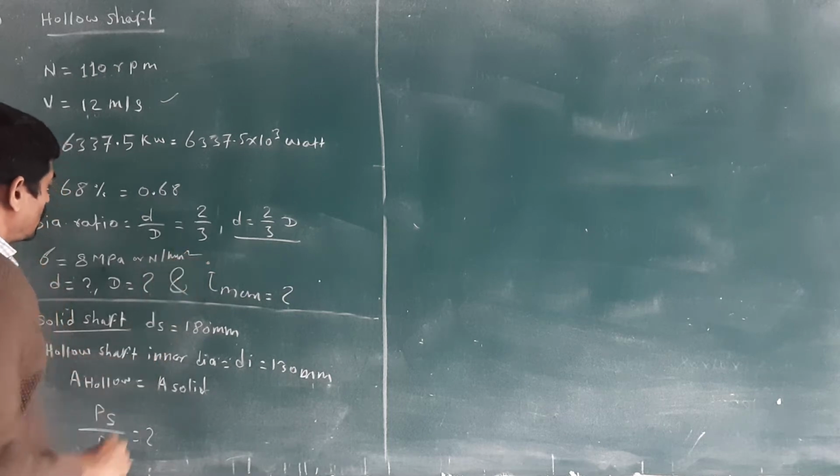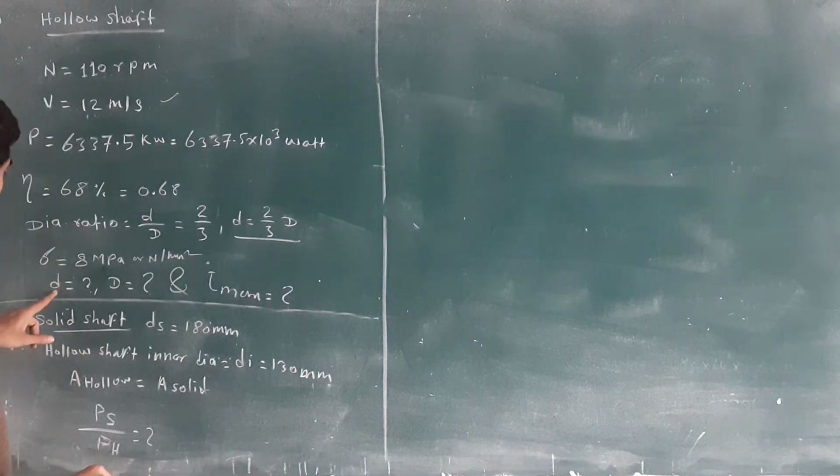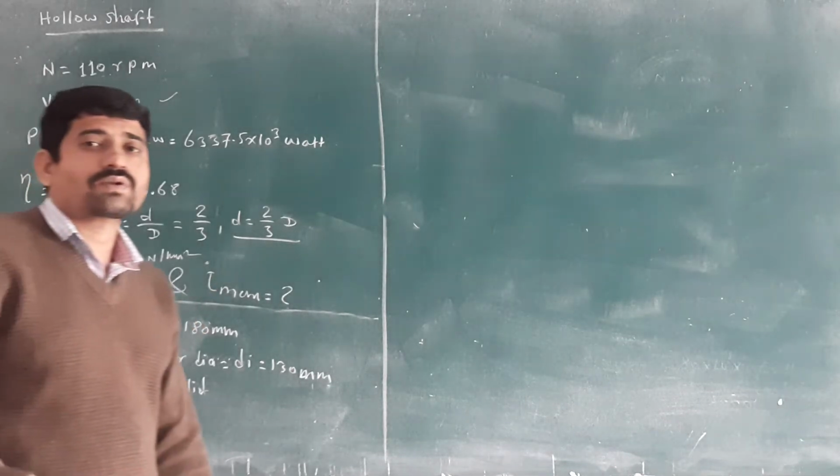Remember the unit. We want to calculate small d, capital D, and also tau max.